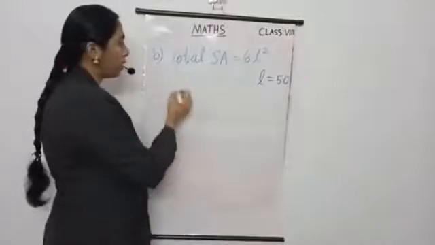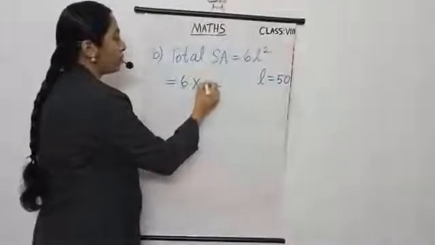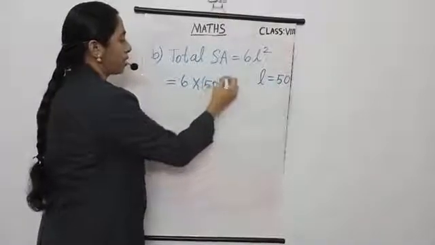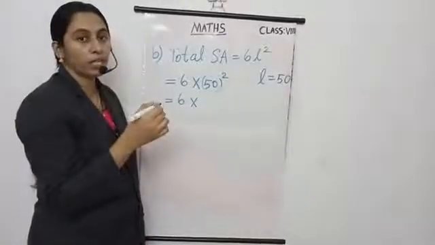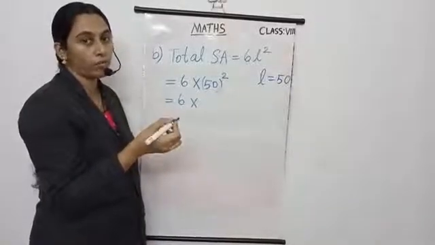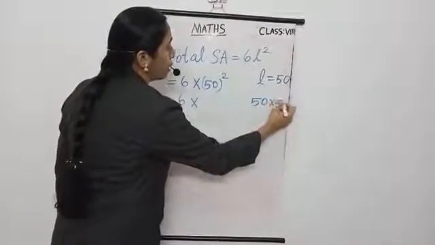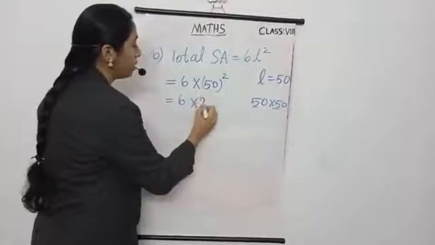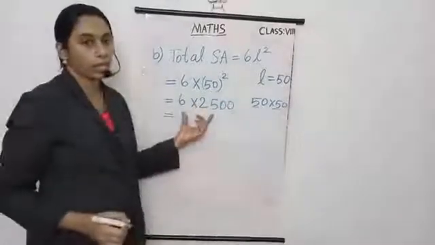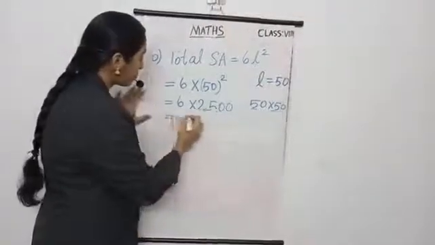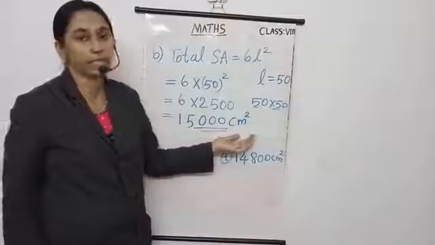Now substitute that value in the equation. 6 into 50 square, that is 6 into 50 into 50. 5 into 5 is 25, so 50 into 50 is 2,500. Now 6 into 2,500, we get 15,000 centimeter square.